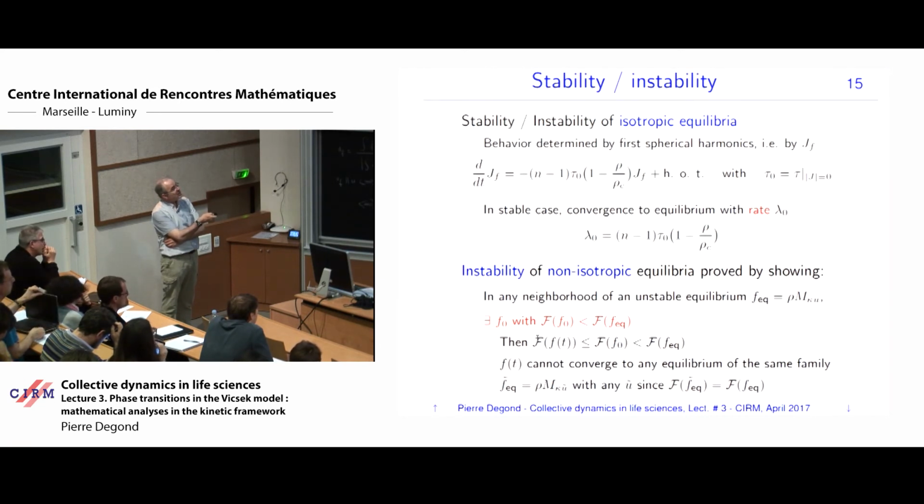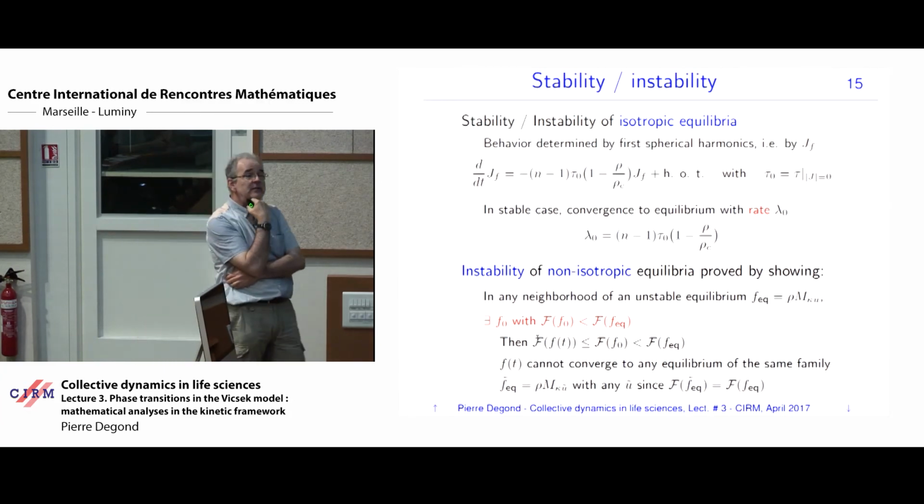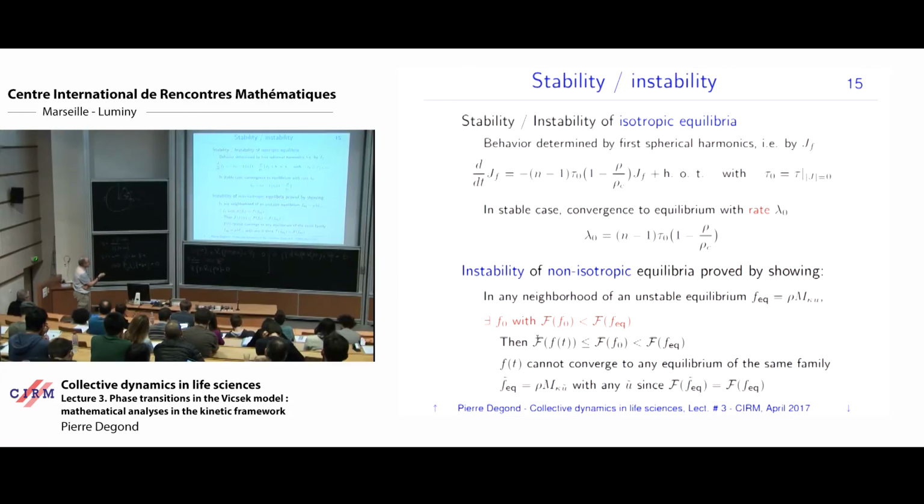So if you perturb your equilibrium and you fall here, you will never be able to return to the equilibrium because the free energy is always decreasing. So if you start from this guy, it is impossible to return to the equilibrium. You have to go down. So this is how you prove the instability of unstable von Mises equilibria.